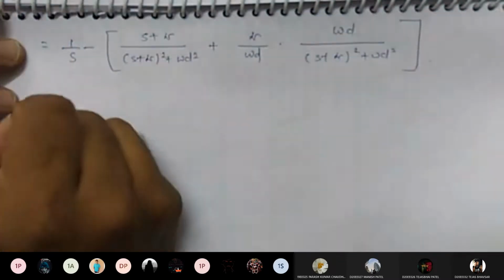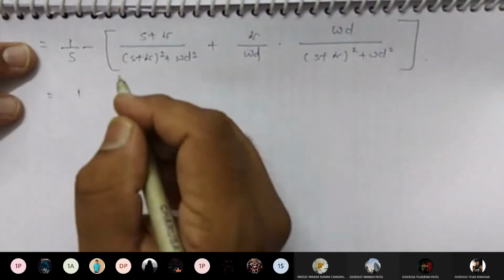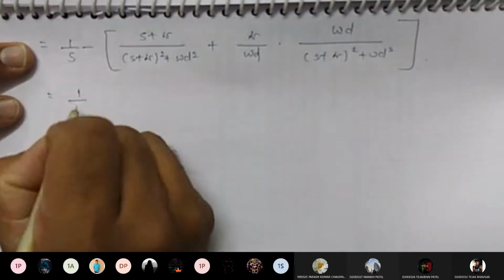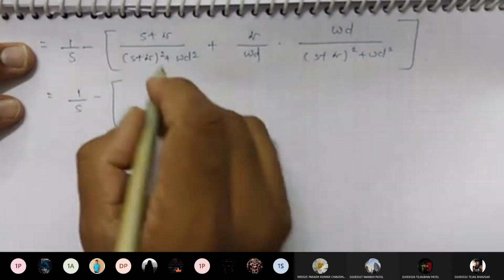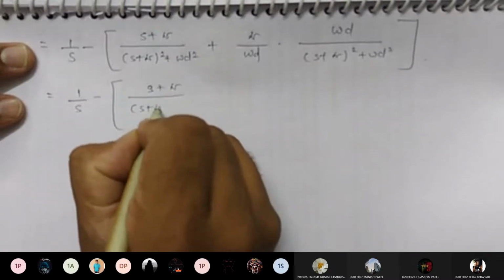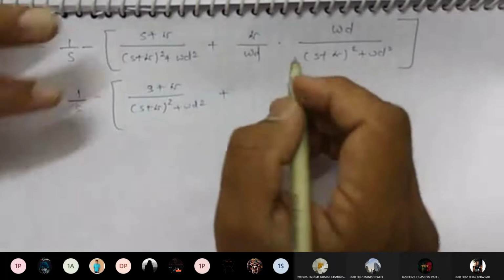Done. So taking the inverse Laplace of this, no, before taking the inverse Laplace, just put the values. It will be (s plus alpha) whole square plus omega d square plus alpha.